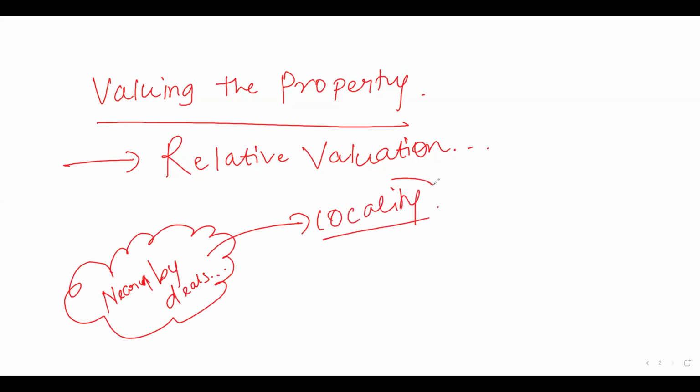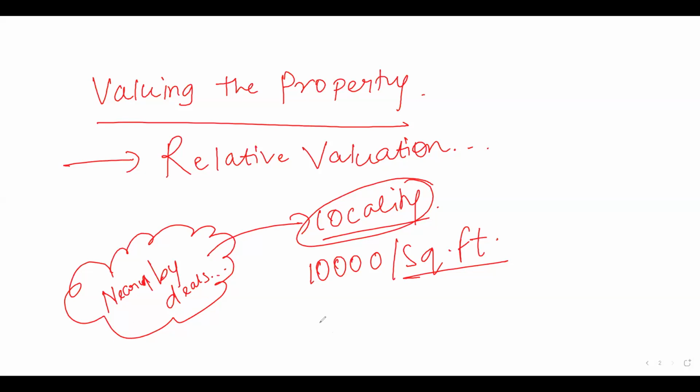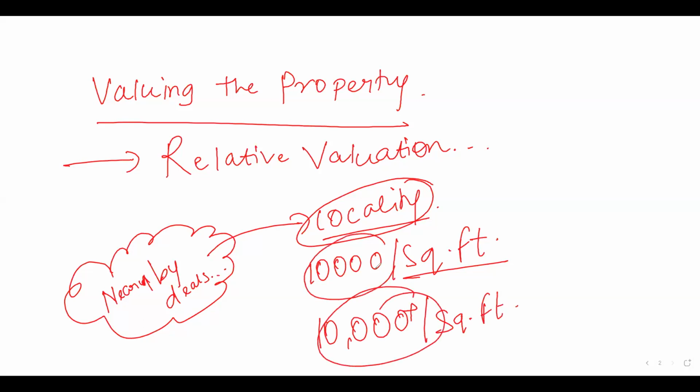Based on those deals, if your neighbor has sold the flat for 10,000 rupees per square feet, you will try to sell it at least at 10,000 rupees per square feet or greater. So the last transaction that happened in your locality became the reference point to determine the price of your property.